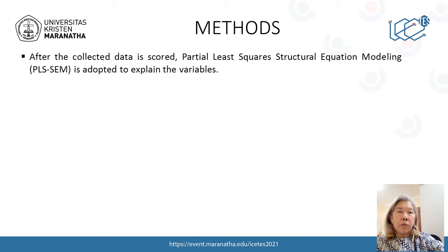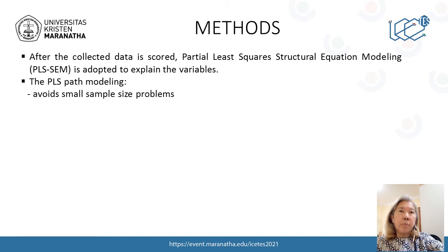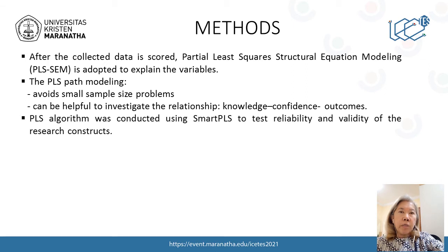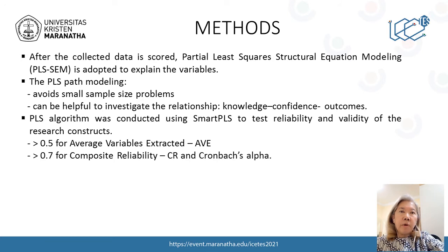After the collected data is scored, partial least square structural equation modeling is adopted to explain the variables. PLS modeling avoids small sample size problems and can be helpful to investigate the relationship between knowledge, confidence, and outcomes. The PLS algorithm was conducted using Smart PLS to test reliability and validity of the research constructs: greater than 0.5 for AVE and greater than 0.7 for CR and Cronbach alpha.